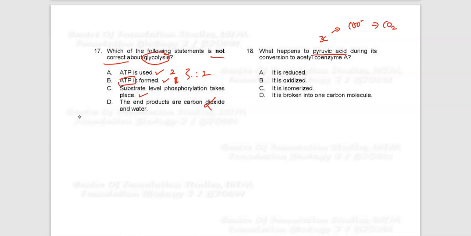In the process of releasing carbon dioxide, it also releases electrons. The process of losing electrons we call oxidized.